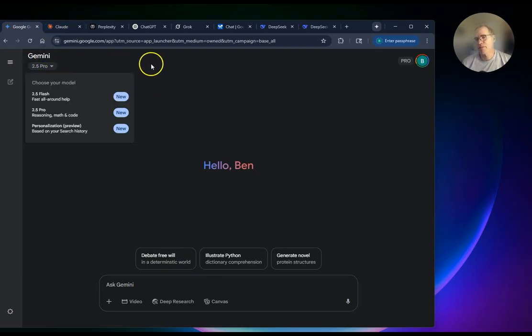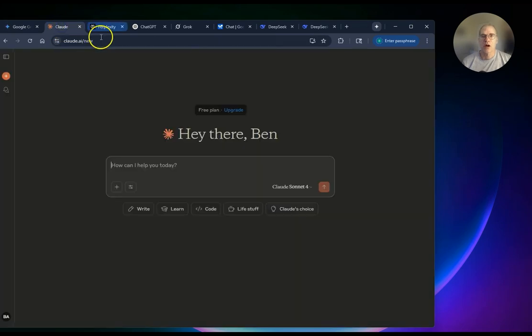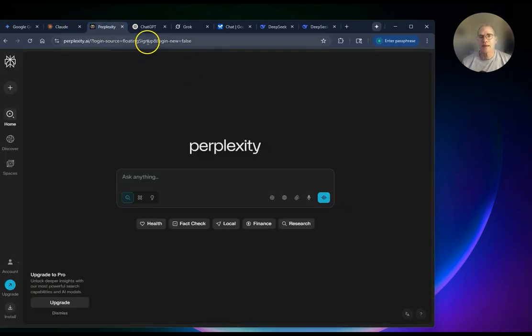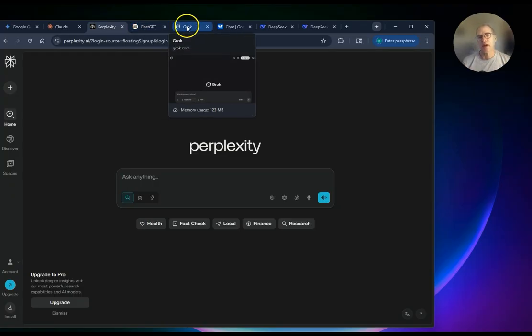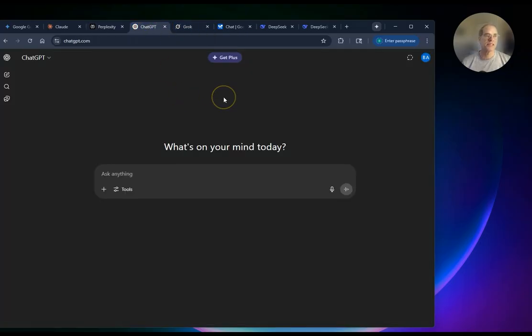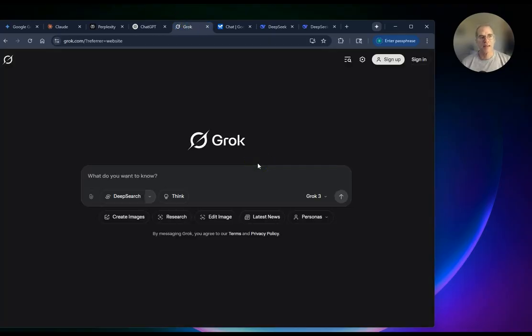Claude AI, and Perplexity, which are companies that have taken other large language models and adapted and retrained them for themselves. There's ChatGPT, which is the OG large language model system that started the whole development process. There's Grok, which is xAI, Elon Musk's model.